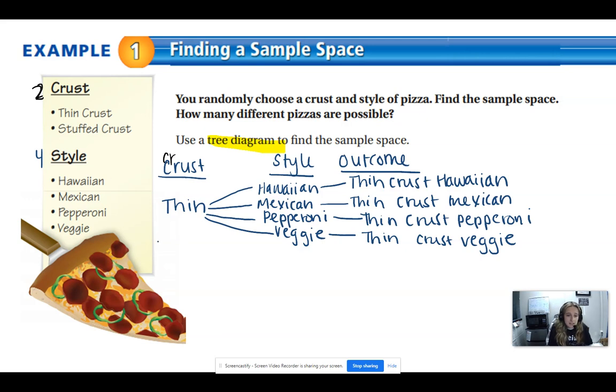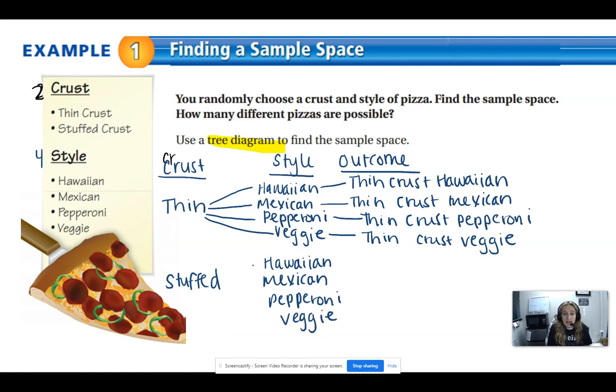Now let's do the other type of crust, which is a stuffed crust. The style options are the same: Hawaiian, Mexican, pepperoni, and veggie. And then let's use our tree diagram to figure out the outcome.